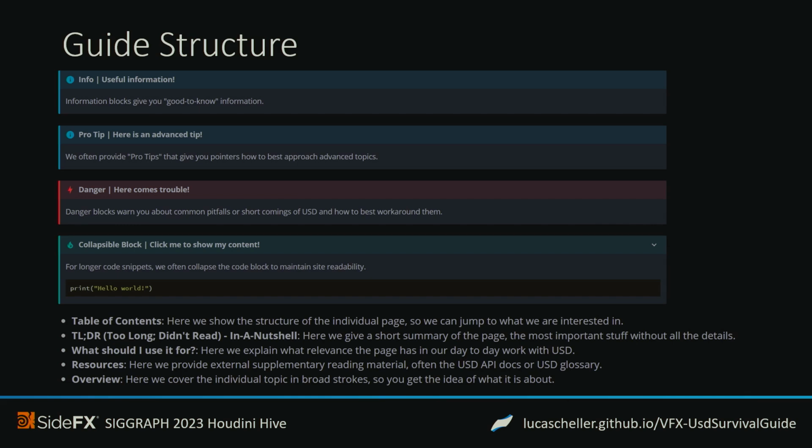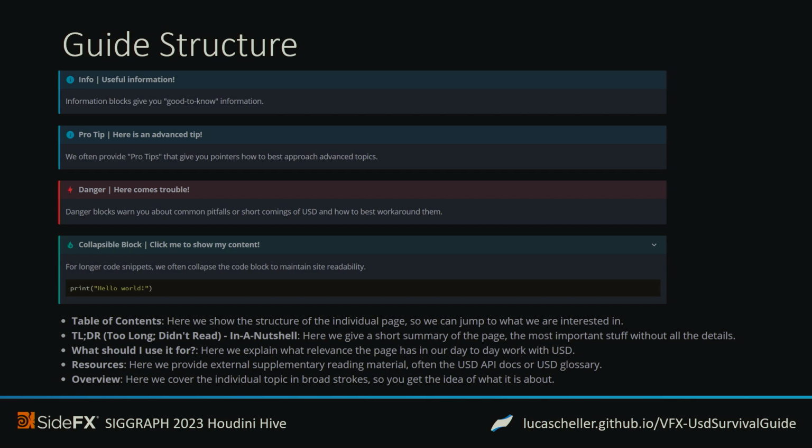In general, everything we show in this presentation, all HIP files, all code samples, you can find on the website. The guide is structured, we always have a table of contents on all sides, and a short summary in a nutshell section. So if you just browse around the guide, you'll find the most important snippets, and what you should actually use it for.